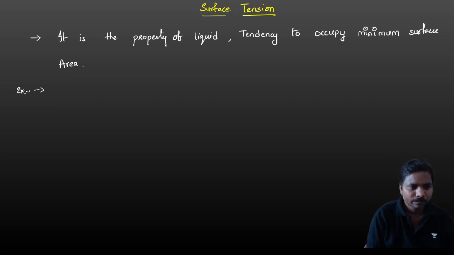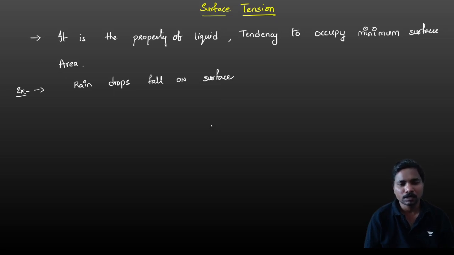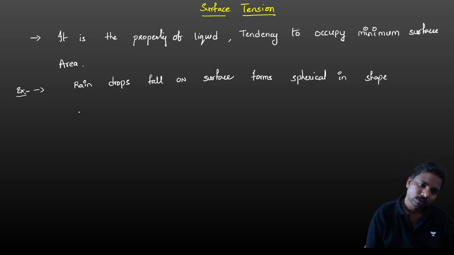Example: raindrops fall on a surface and form a spherical shape, because a sphere has minimum area for a given volume.